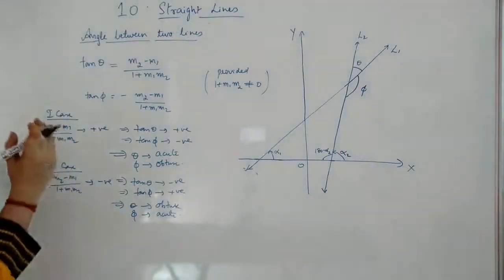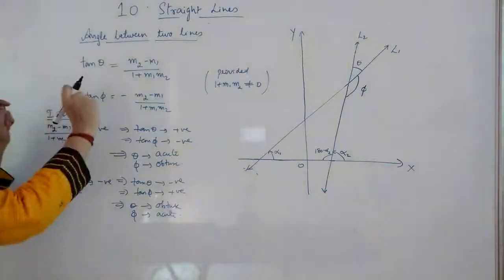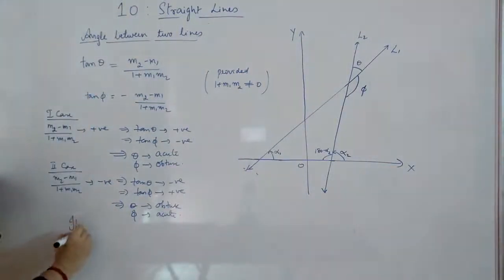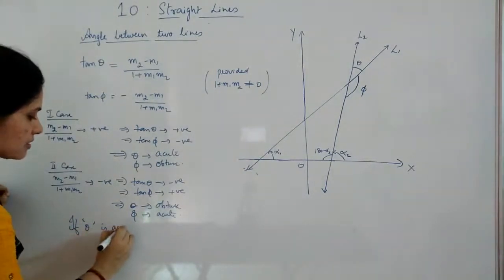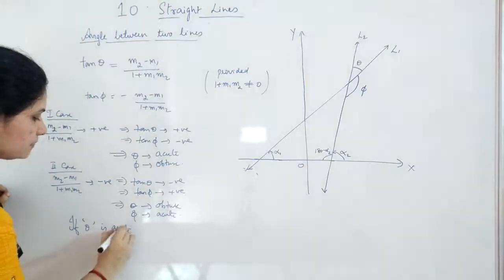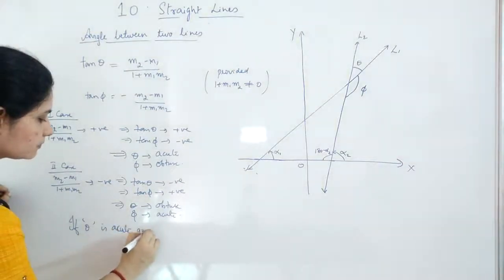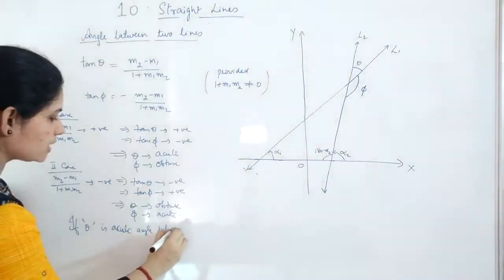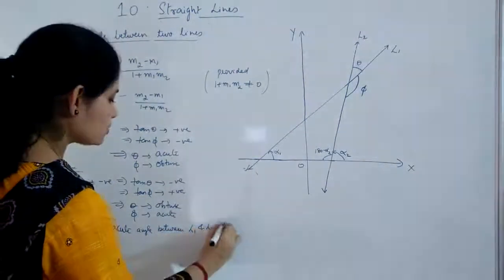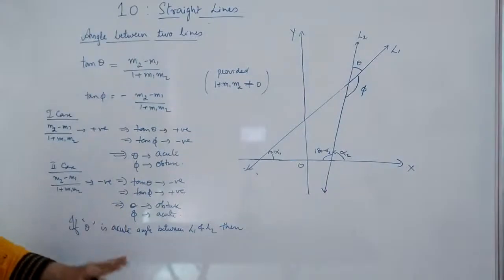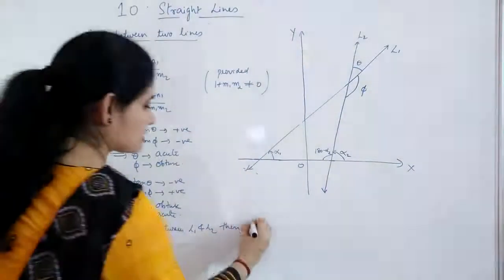Okay, but what we are doing is we are just combining these two and making that if we are considering only the acute angle, if theta is the acute angle formed between the two lines L1 and L2, then the angle will be defined as, that is tan theta.